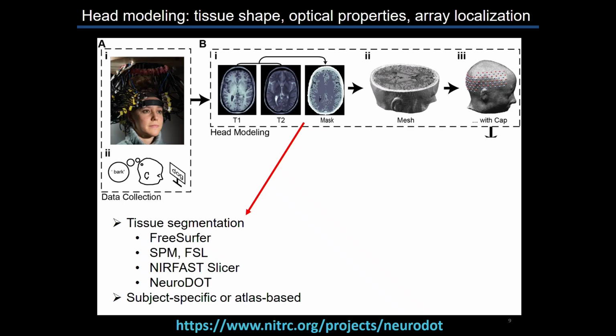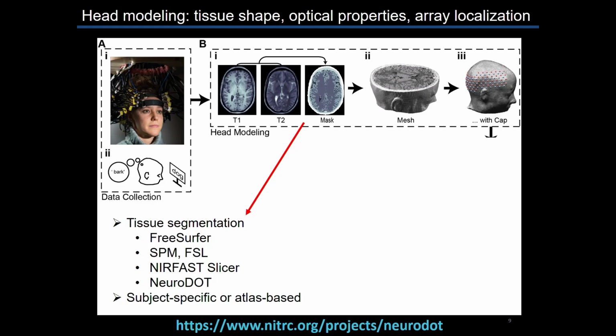I just want to highlight that NeuroDot was generated over the last decade or so very much from a perspective of being able to stand on the shoulders of the giants that developed image processing and image analysis routines in MRI, because you guys are decades ahead of the optical imaging field.